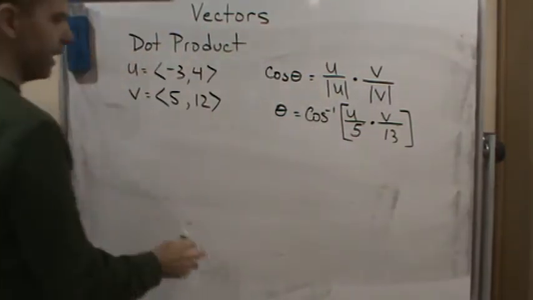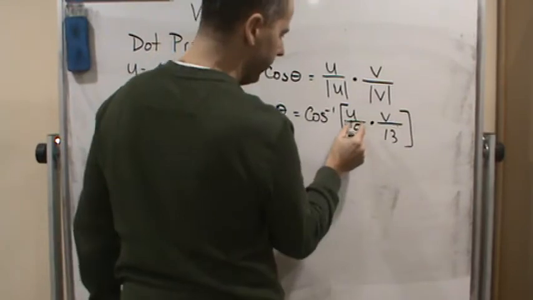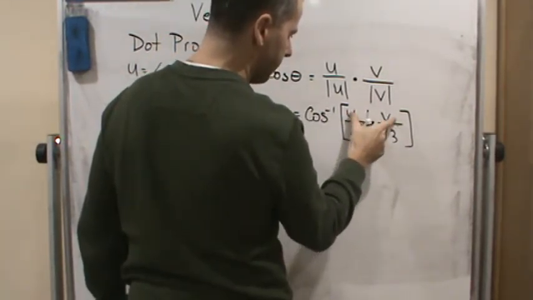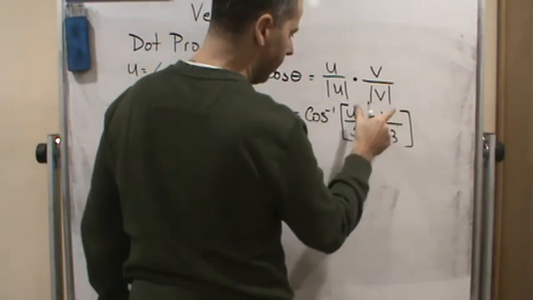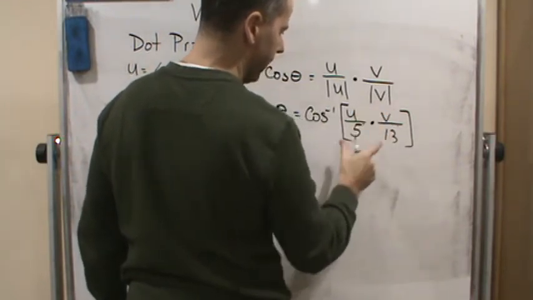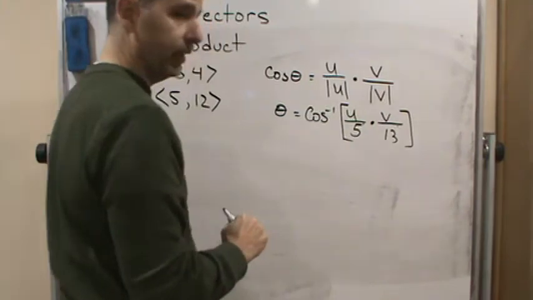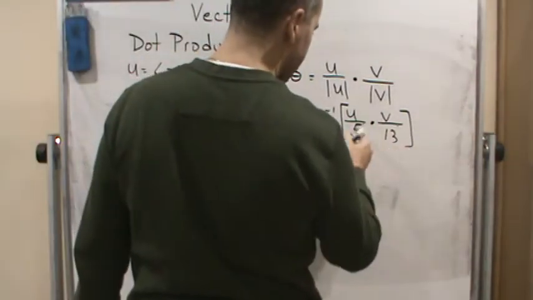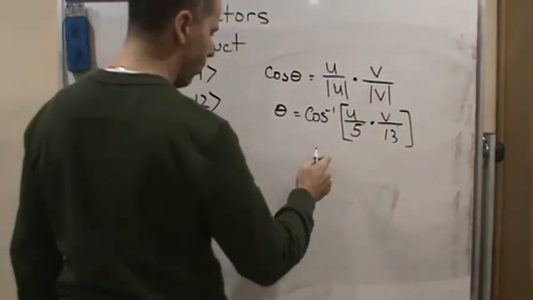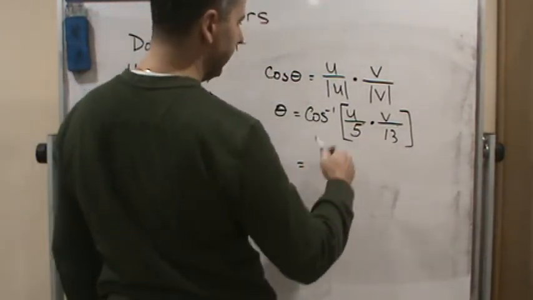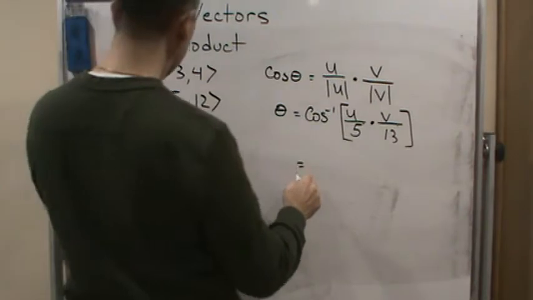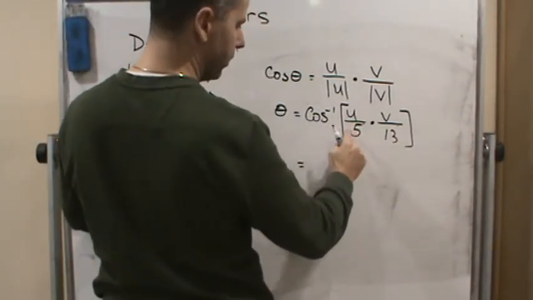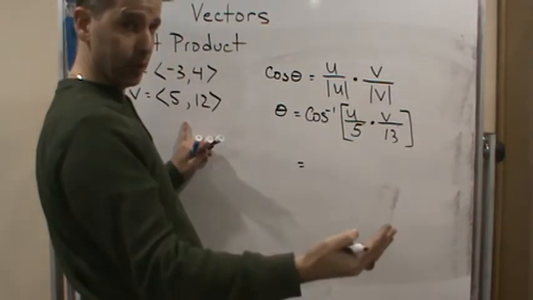Again, the dot product is I'm going to take the x components and multiply them together, take the vertical components and multiply them together, and take those two products and add them. Since I'm dividing by 5, I'm just going to write this in terms of the vectors now. Remember, if you're dividing by a scalar, it's the same as multiplying by the reciprocal.